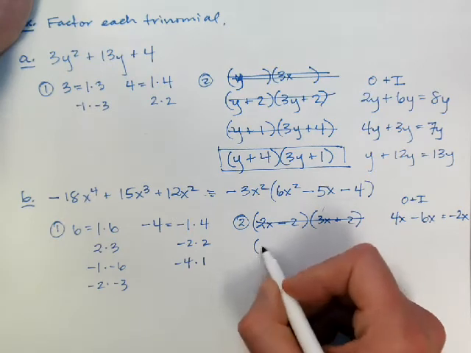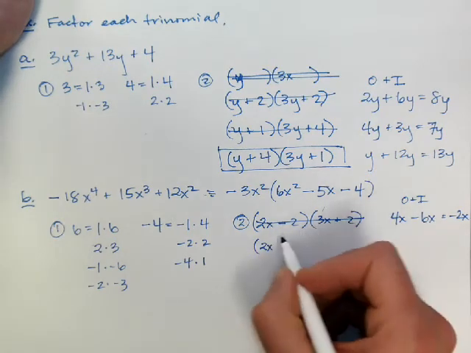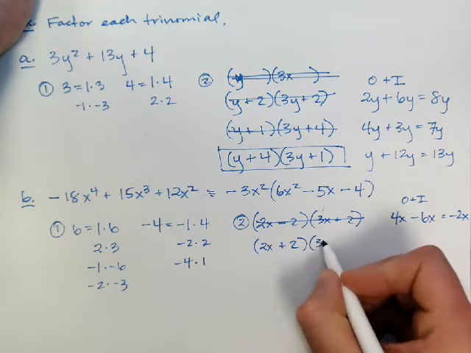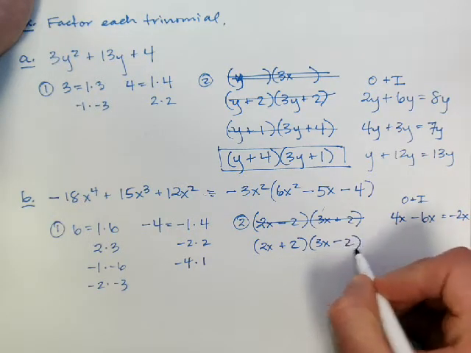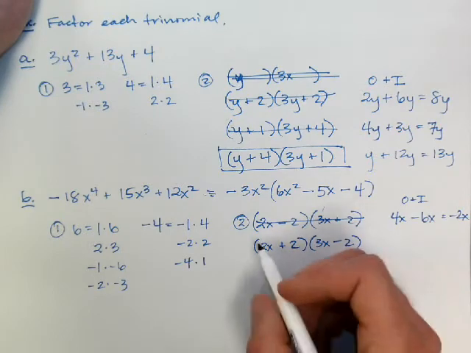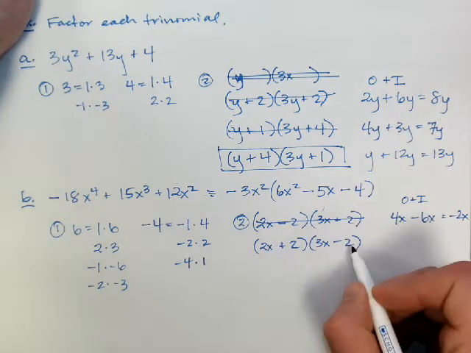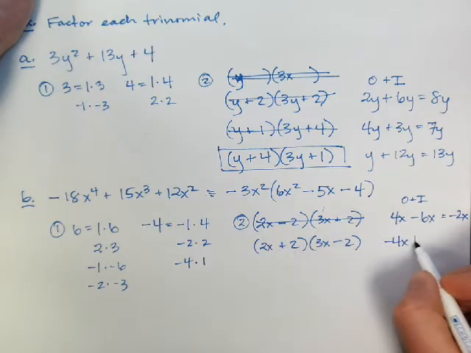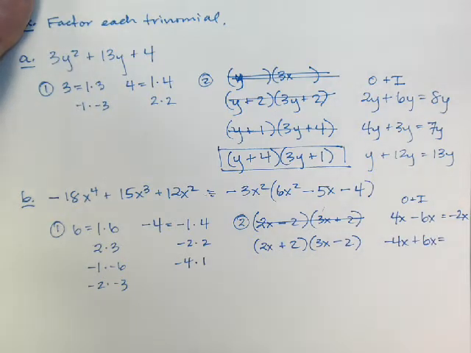Maybe we try the same leading terms here, but switch the +2 and the -2. So let's see what that does. So that's going to give us a -4x for the outside term, and then a +6x. All right, well, so that gave us a +2x.